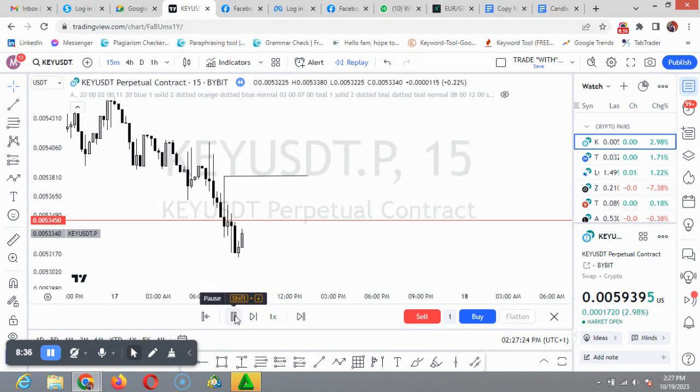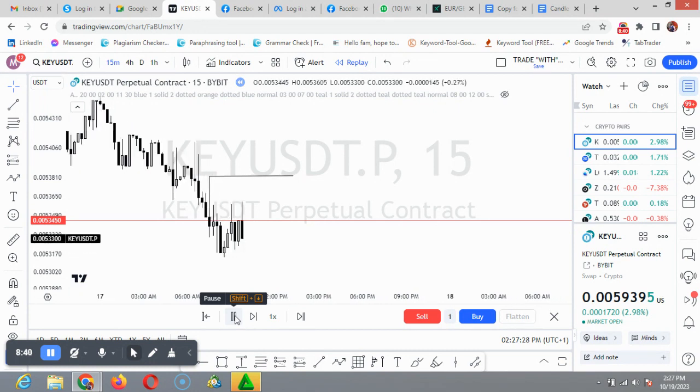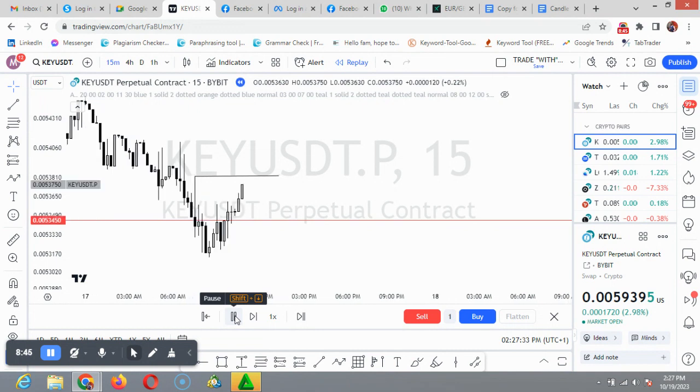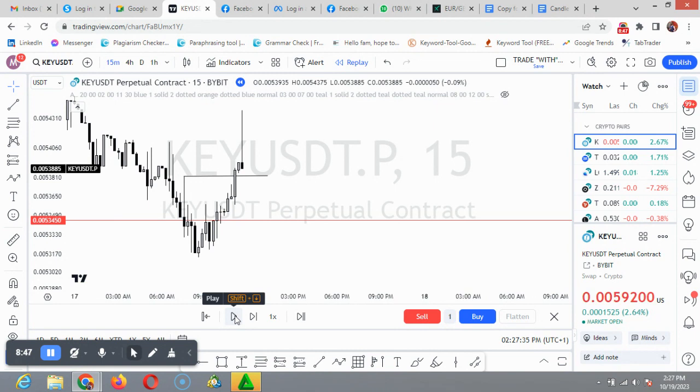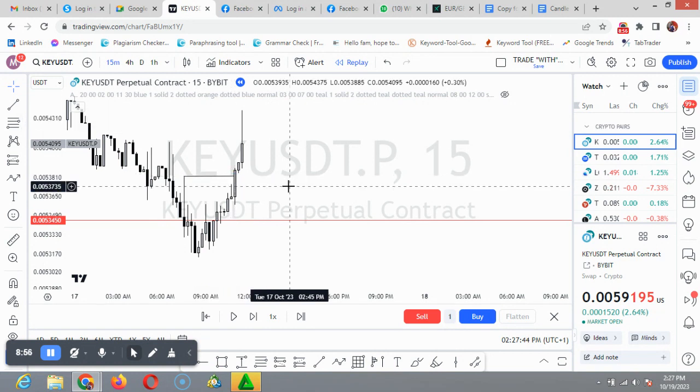The market is going and going, and then we have our church, right? You can see that we have our church. The market has violated that recent pullback, and then we have our valid church.